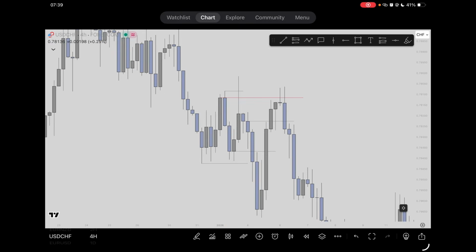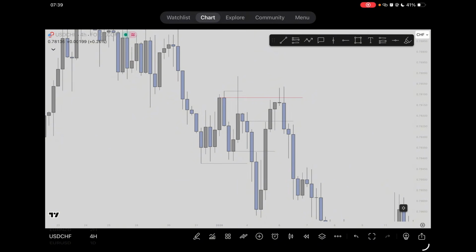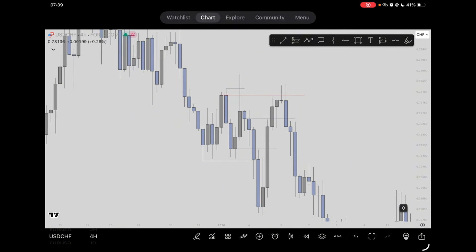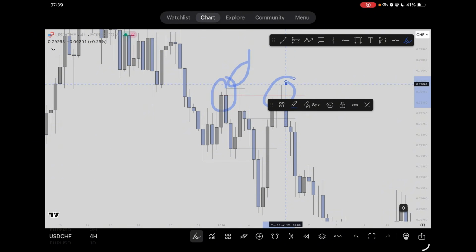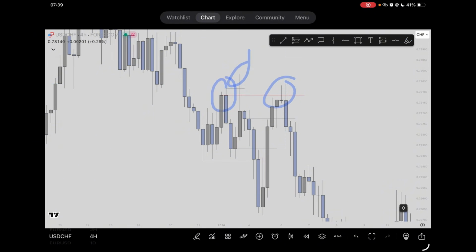Why? I already told you why that happened, right? Reclaim key levels, sweep a key level, sweep of the high, right? Then price did what? Price came back to it to sell. You understand? This is the logic behind it.